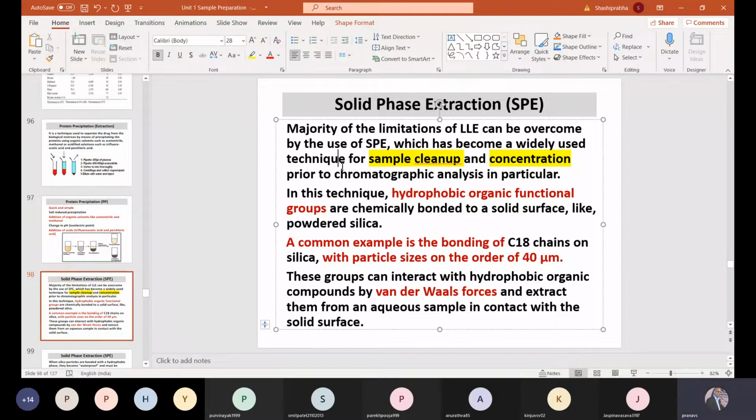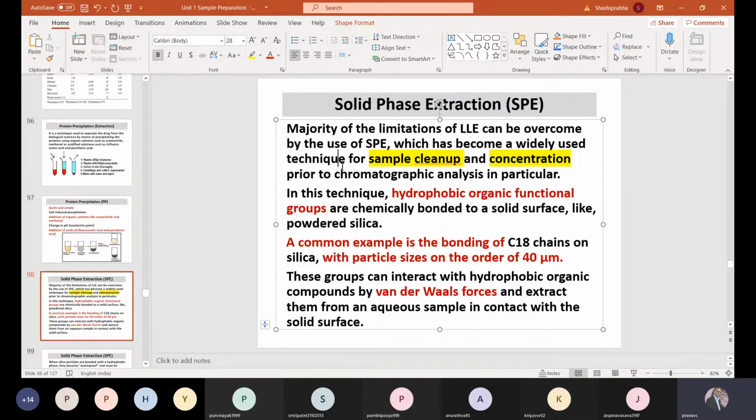By and large, about 90% of the compounds which you come across in organic chemistry are water insoluble. There are very few compounds which are soluble. And essentially they are hydrophobic in nature.